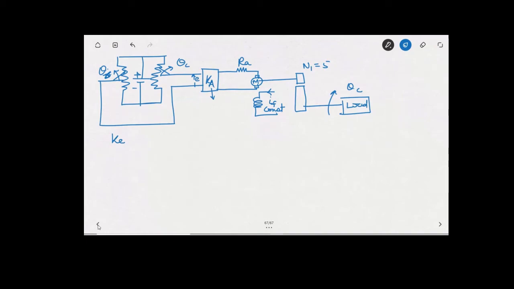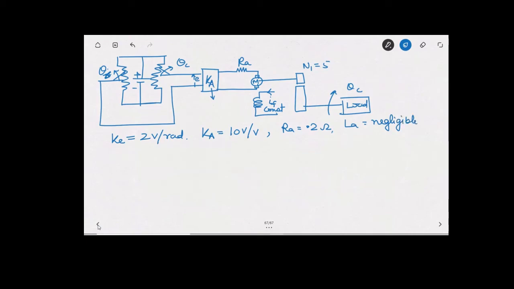KE is the error detector gain, which is 2 volt per radian. Then Ka is the amplifier gain, which is 10 volt per volt. Then Ra, the resistance of the armature circuit, is 0.2 ohm. La is the inductance, which is negligible here.